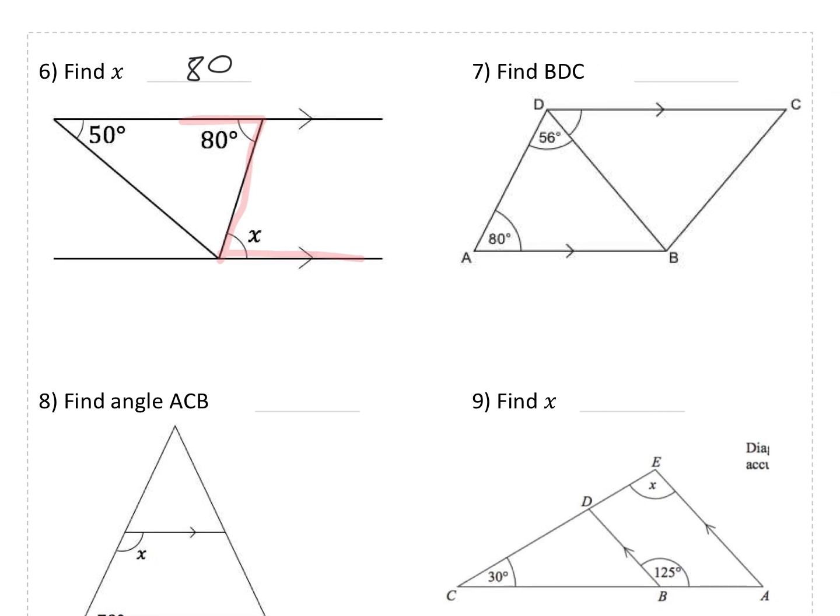Example 7, find BDC. Let's trace that out. B to D to C. Now I can't see anything that sticks out straight away apart from this angle on the bottom right.